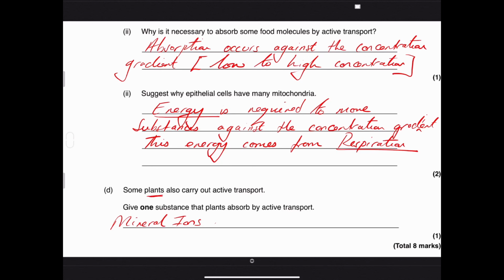But remember, the key words here are active transport, going against the concentration gradient. Osmosis is passive. It does not require energy. Here we're talking about active transport, so this would be mineral ions. There's a lower concentration of mineral ions in the soil, and so the roots, the plants, have to actually absorb against the concentration gradient to get the low concentration of mineral ions which are in the soil into the plant.